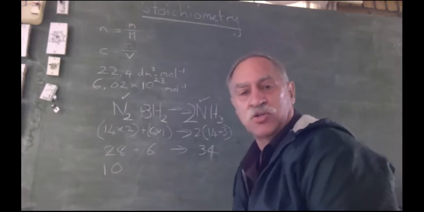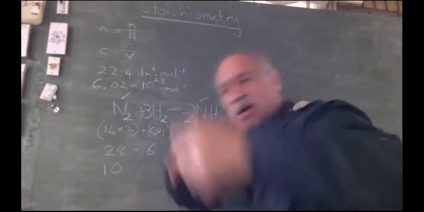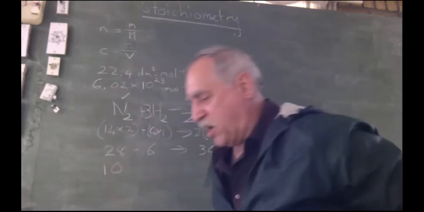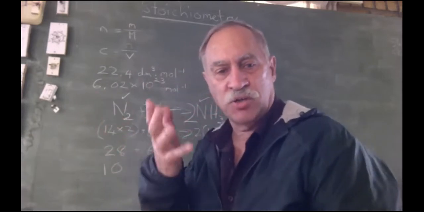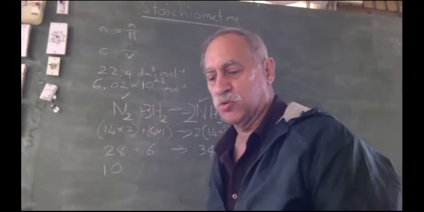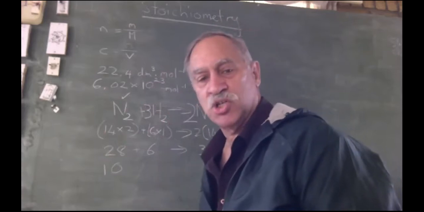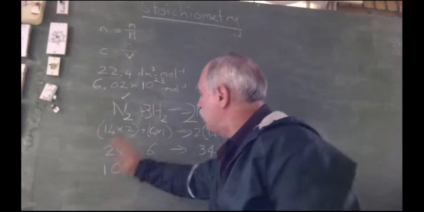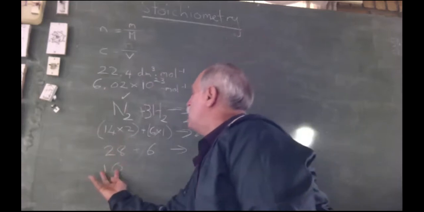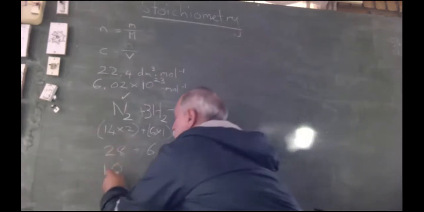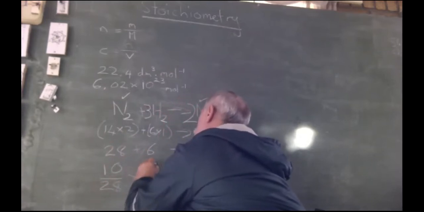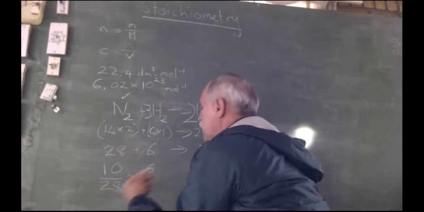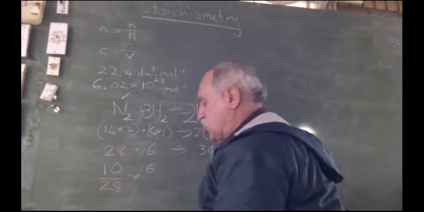I remember I was teaching this just before the matric exams, when we revise the whole year's work. I was at some school, Rocklands, I think it was. And I was saying, well, if you've only got 10 of that, you take the 10, you put it over the 28, and you multiply it by that one, which is 6. Let's get a calculator.